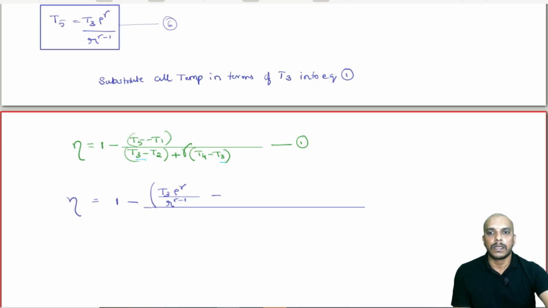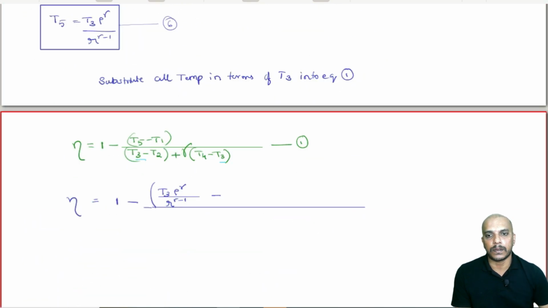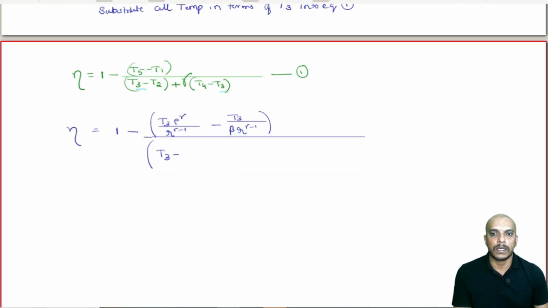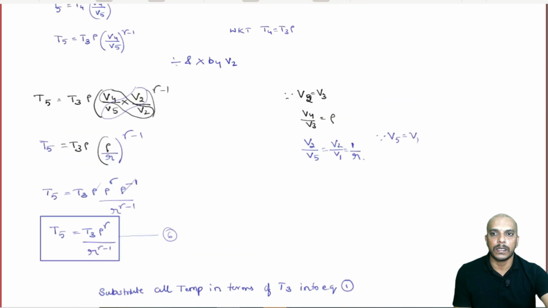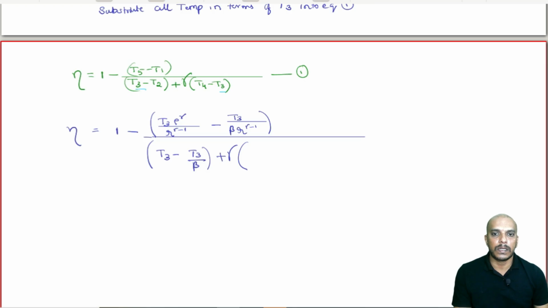T1 is T3 by beta into R power gamma minus 1, divided by, T3 I will keep as it is, minus T2 in terms of T3. T2 is T3 by beta, plus gamma into T4 in terms of T3, which is T3 rho, minus T3.